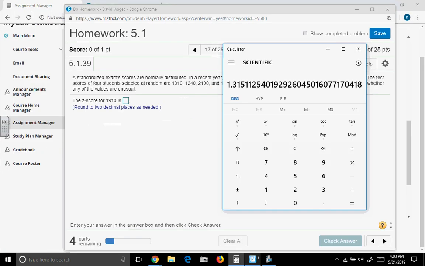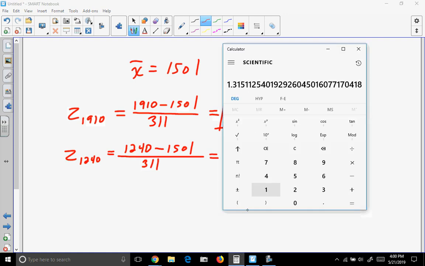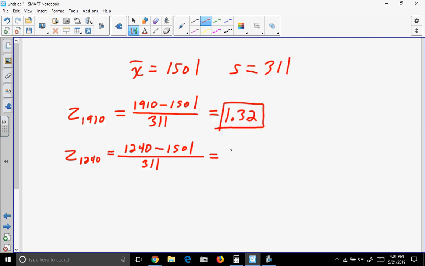So the next score was 1240. So let's find the z-value associated with 1240. We need to find out how far from the mean. So 1240 minus the mean, divided by 311. So 1240 minus 1501, that is 261 units below the mean, negative because this is less than average.